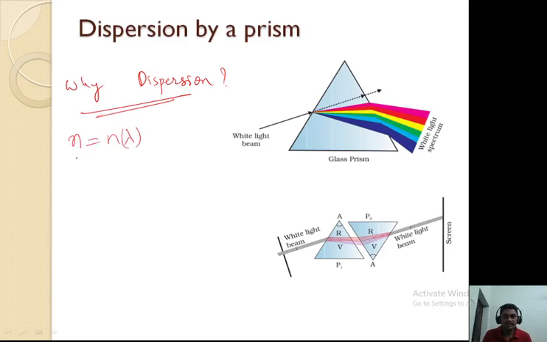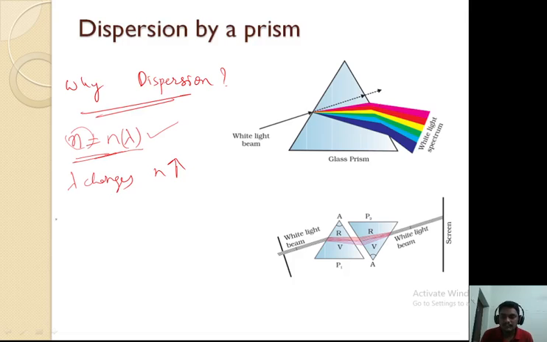The refractive index depends on the wavelength of light. As the wavelength lambda changes, the refractive index also changes. So we can say that the medium offers different refractive indices for different colors or wavelengths.